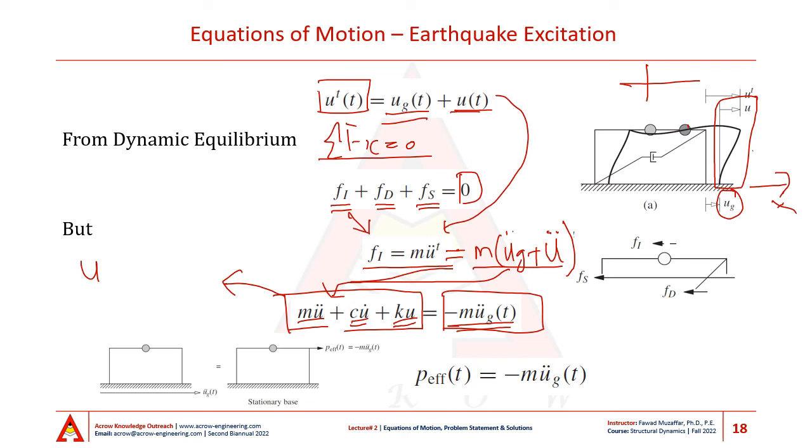So this equation basically tells us that for a freely vibrating single story frame element, and in fact this can be generalized to any number of stories and any degrees of freedom and any dimensions, when it is subjected to ground acceleration, the lateral deformation and the response of the structure can be calculated by considering a stationary base with an effective force at the level of the mass in the lateral direction.